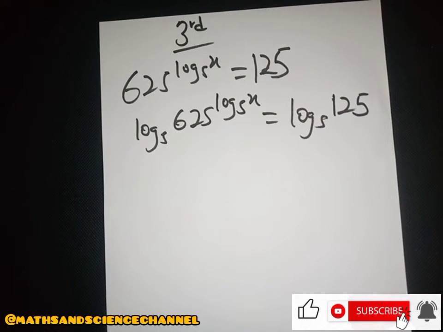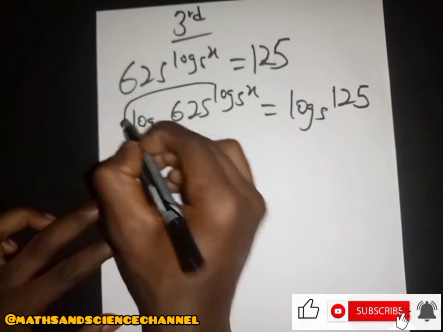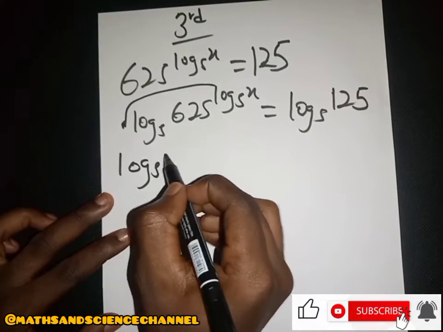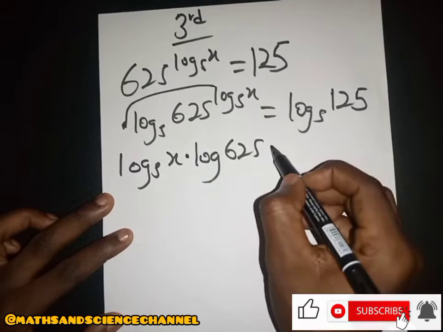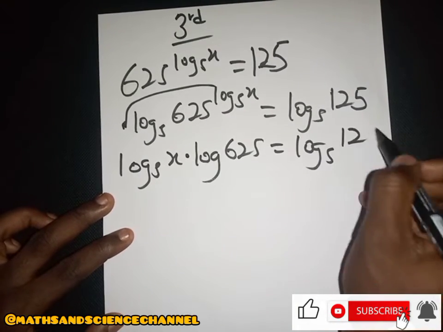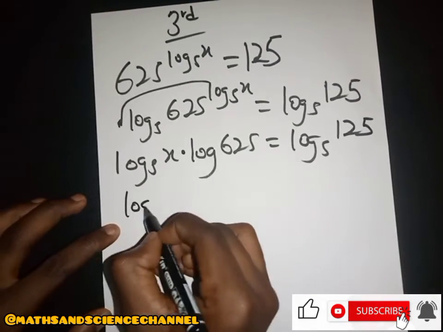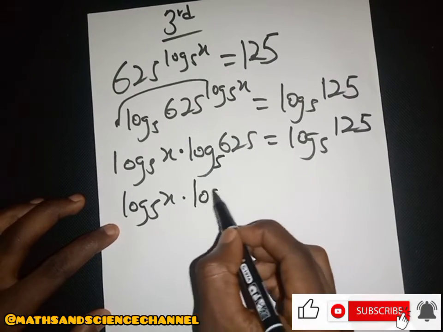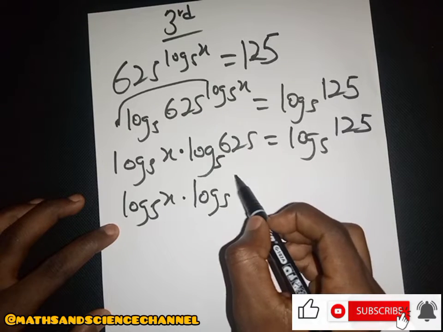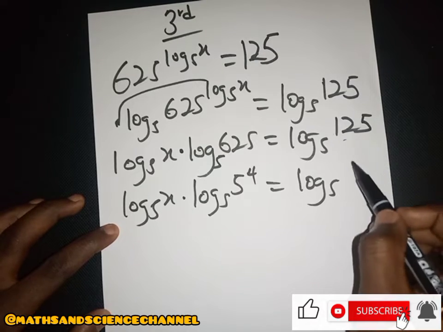Now for this one, what we do is to realize that I can bring the exponent down here. So we have log base 5 x here, and then we have log 625. Remember, they are multiplying, equal to the log base 5 of 125. Now we can write, remember it is to base 5, so log base 5, and 625 is just 5 to the power 4, and 125 is just 5 to the power 3.